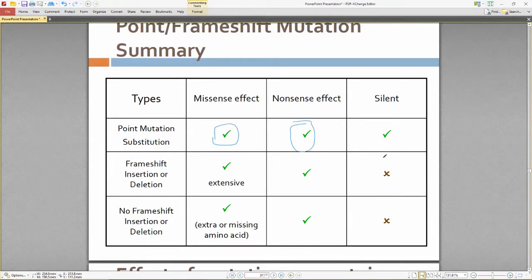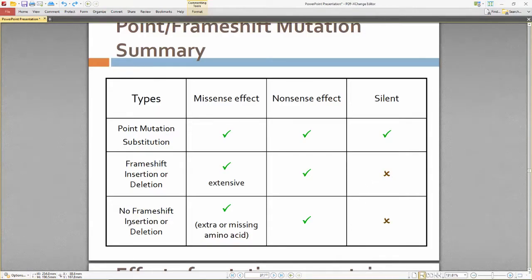So here's a little summary. Point mutations and substitutions can cause missense effects. They can cause nonsense effects, but they can also just be silent. Frameshift insertions or deletions can cause extensive missense, nonsense, but they can't be silent, which is what this X means.